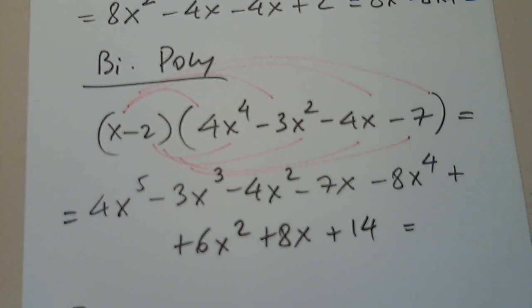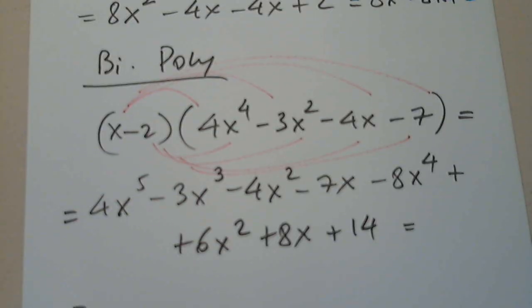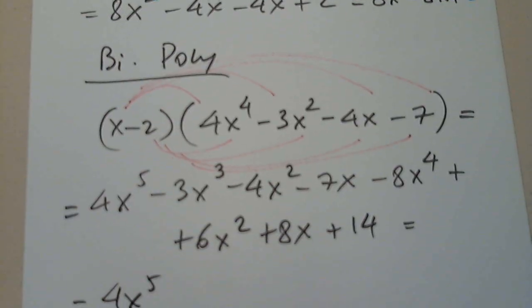Yes, I have to fully simplify it and present it in descending order. Question is, where do I start? Where it's to the 5th. Yes, and it's all by itself. I have to copy it.